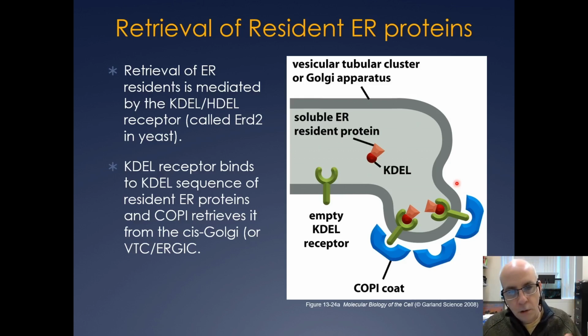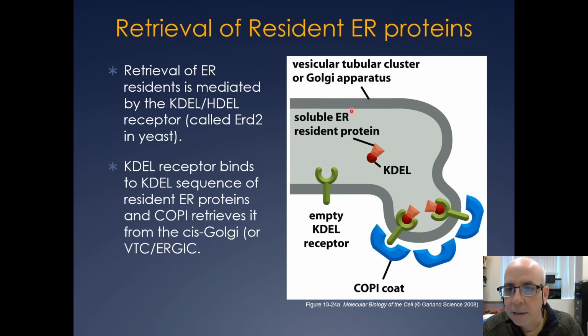So you have sort of a twofold thing happening here. You have cargo actively being selected into a COPII vesicle going forward, and any ER resident protein that has somehow gotten inadvertently packaged into a COPII vesicle, when it fuses and becomes the vesicular tubular cluster, or becomes part of the cis-Golgi network, a COPI vesicle will take the KDEL receptor bound to the KDEL containing ER resident protein, and it'll form a retrograde vesicle that then goes back to fuse with the endoplasmic reticulum, and thereby retrieving the thing.